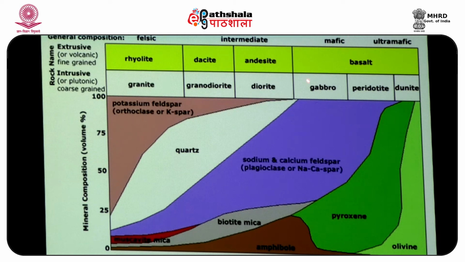When it comes to mafic rocks, at the depth it is called gabbro. When it becomes more mafic, it becomes peridotite. Mafic means more olivine rich and pyroxene rich, and when it is mostly olivine rich, it is called dunite.